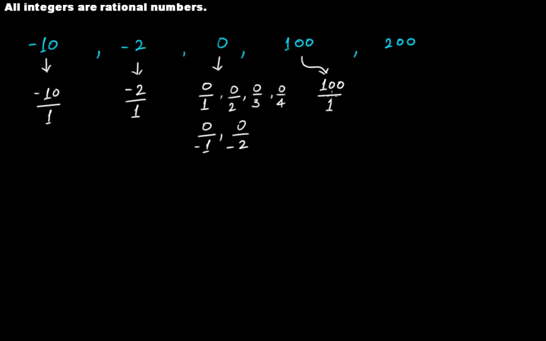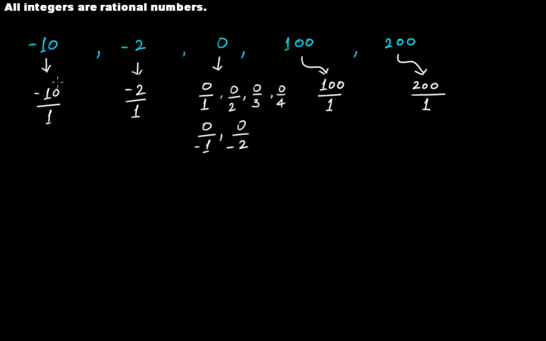So this is a fractional number. Yes, all such numbers are rational numbers. Even in this case, this is 200 divided by 1. So if you divide this by 1, you get back 200 only. Now clearly, this is also a form of a rational number, right? But in these 4 cases, you can only have 1 as the denominator, while in the case of 0, it can have any integer in the denominator. Only 0 you cannot use, but the rest you can use. So this was a difference.